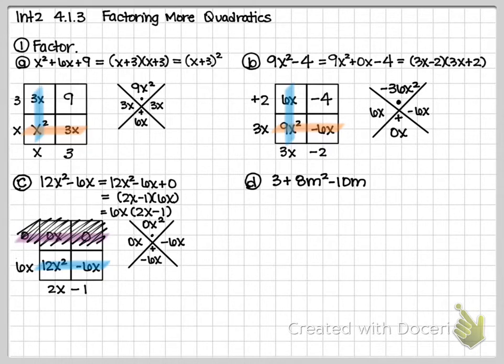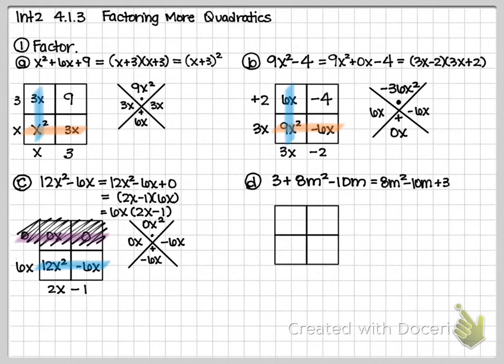Okay, and then D. I think we need to reorganize this one first. So I'm going to put my 8m squared first, then the negative 10m, so I'm putting it in descending order, then the plus 3. Now I would go ahead and set up the area model and put everything in where it belongs.